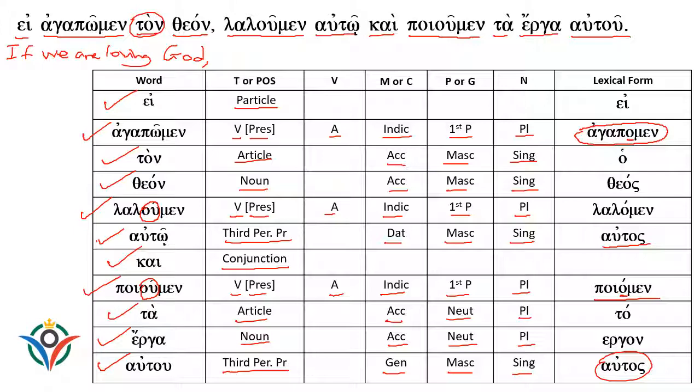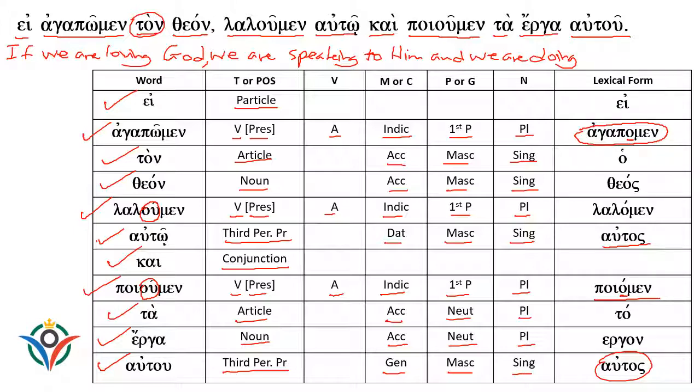If we are loving God, the article is implied there. Lalumen, we are speaking to him. Kai and poiumen, we are doing.